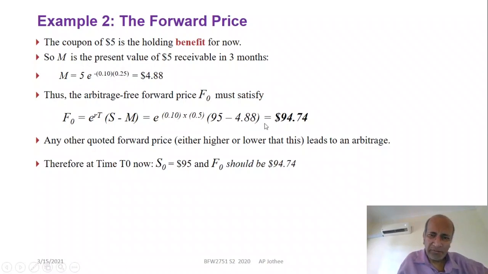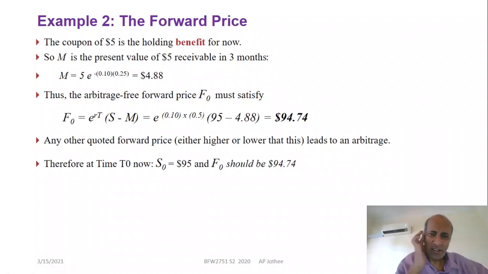Here you are compounding the value to 6 months. So e to the power of 0.1 times 6 months, because the contract of this particular bond is expiring in 6 months. And the value to be exponentially calculated is $95, the S0, minus the income of 4.88. There's no other holding cost. So it should be giving you the rightful price, supposed to be 94.74.